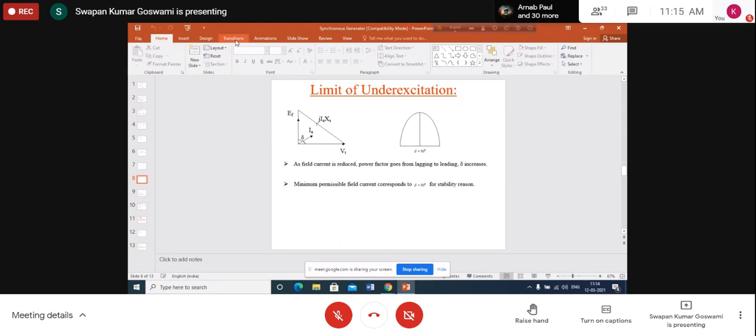Okay, that means during the low load period, particularly during the night time, late night, system demand obviously decreases. Then there is a tendency in power systems to have increased busbar voltage.